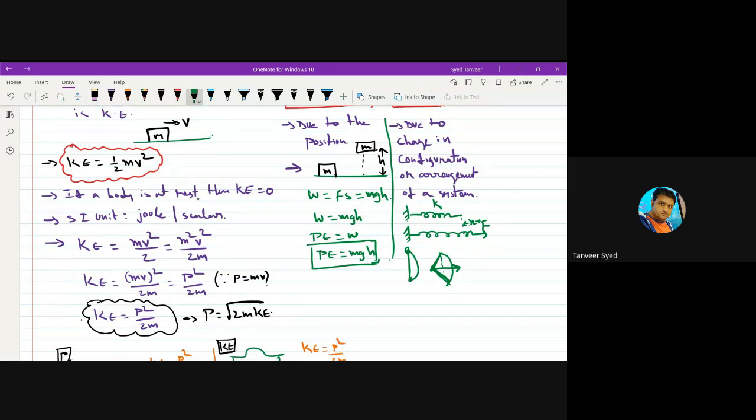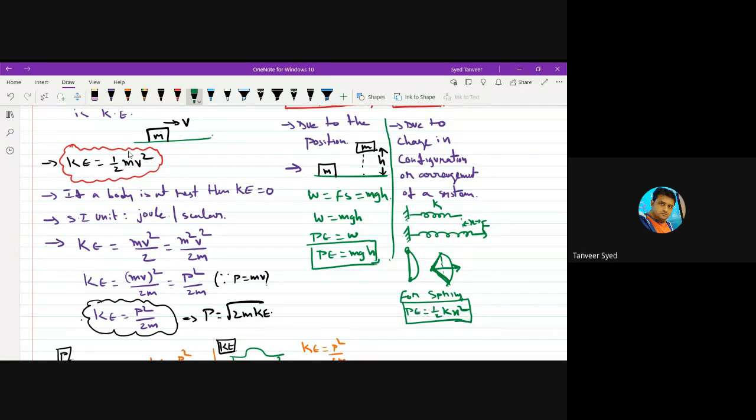How much this elastic potential energy will be depends on the situation. For example, for a spring, its potential energy will be half kx square. k is the spring constant and x is the displacement of the spring, elongation or compression. Potential energy stored in a stretched spring is half kx square.